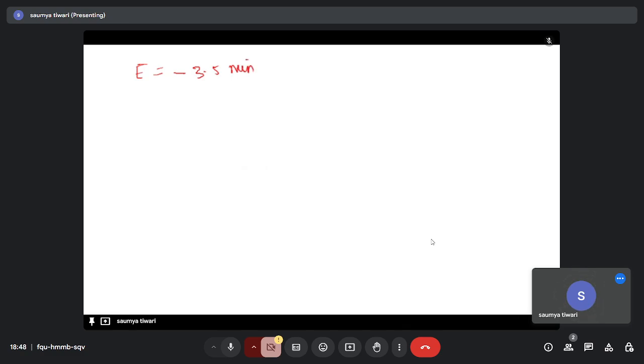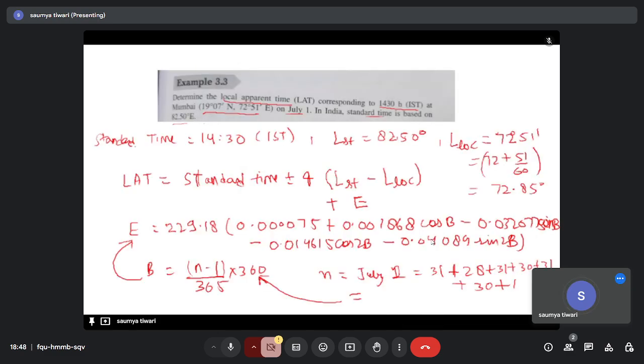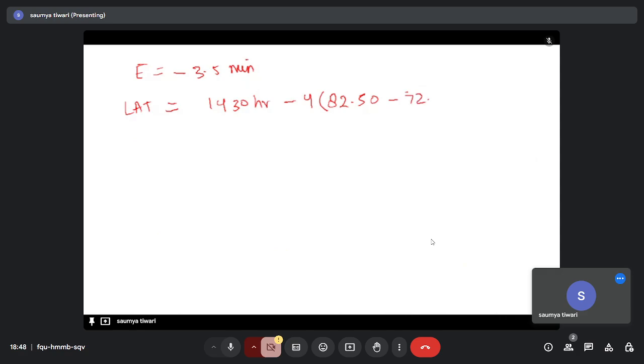Okay, now we can calculate the local apparent time. It will be 14:30 hours minus, in east we take the minus direction, and if we go to west we take the positive direction, right? If you remember the sign convention. The standard longitude was 82.50, the location longitude was 72.85, and this will be in minutes, right?